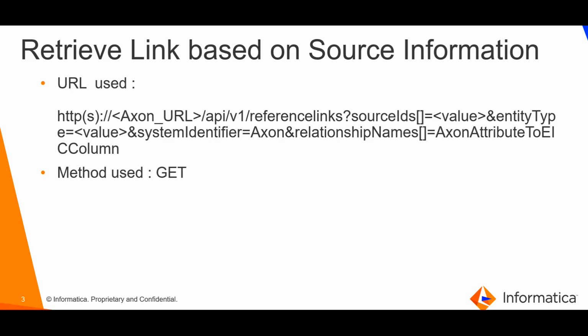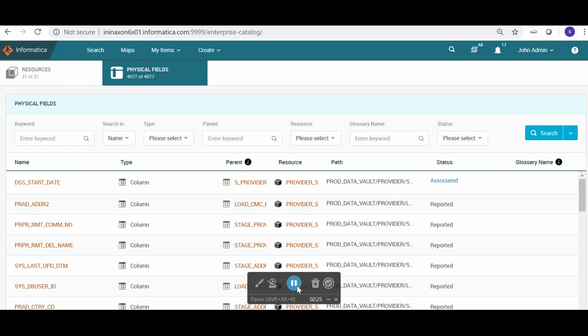We are currently under the physical fields tab, where all the fields imported from EDC are listed. Now, in order to get all the EDC fields that are linked to Axon attributes, we can search these using the status field.